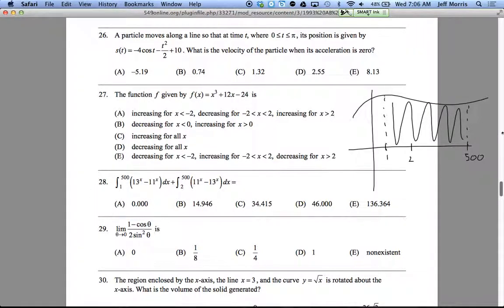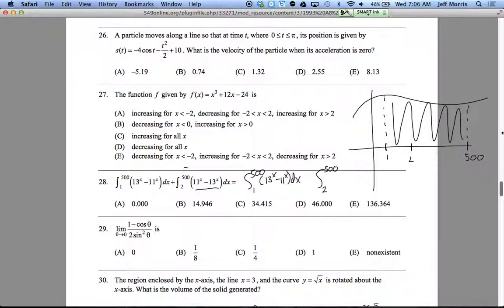So I could rewrite this problem so that it's the integral from 1 to 500 of 13 to the x minus 11 to the x dx. And what would happen here if I factor a negative out of this? I would have 2 to the 500, factor a negative out of it, make it minus 11 to the x and plus 13 to the x, which is this.